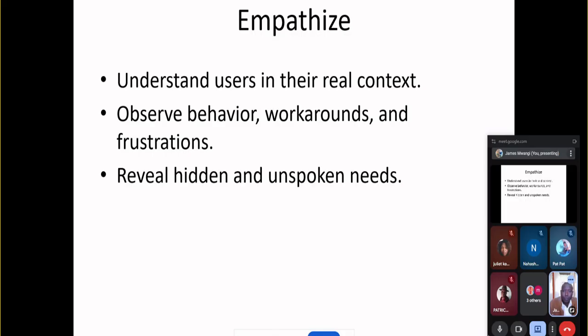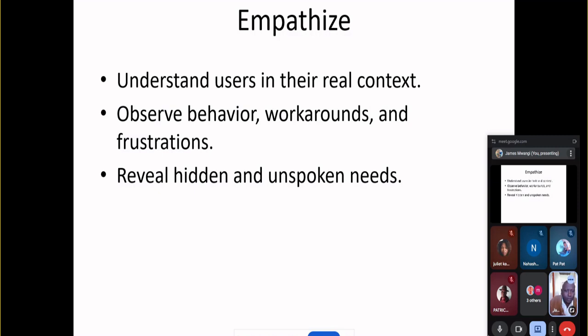You reveal hidden and unspoken needs, something that the user is not even able to explain. Maybe it's a software, and whatever their frustration is, they cannot even tell where the problem is. So you can even look deeper. What does this person need?